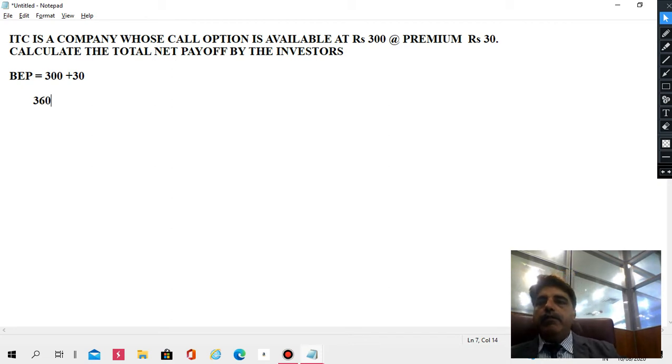So whenever the price crosses 360, only then will there be a net profit for the investors. They will enjoy the net profit.